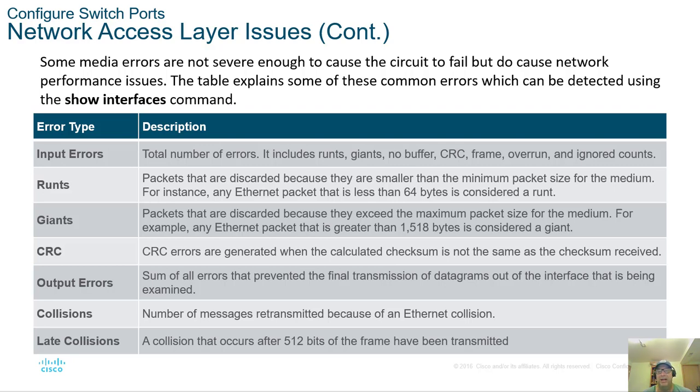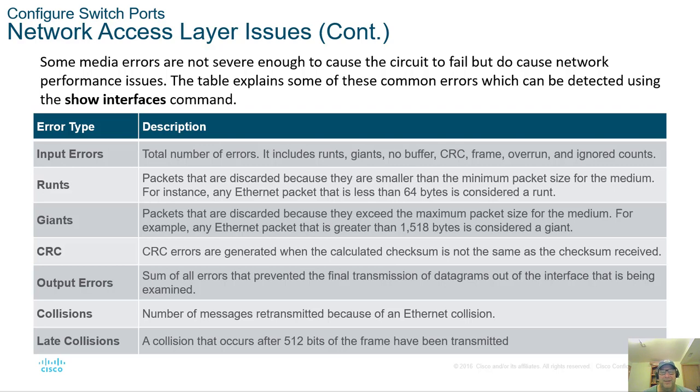A runt would be a protocol data unit that is too short to send any data, essentially. When you think about a protocol data unit, there is a data section, and then there are headers: a frame header, a packet header, and a segment header. The data after that is designed to be used based on the header information that's read in front of it.